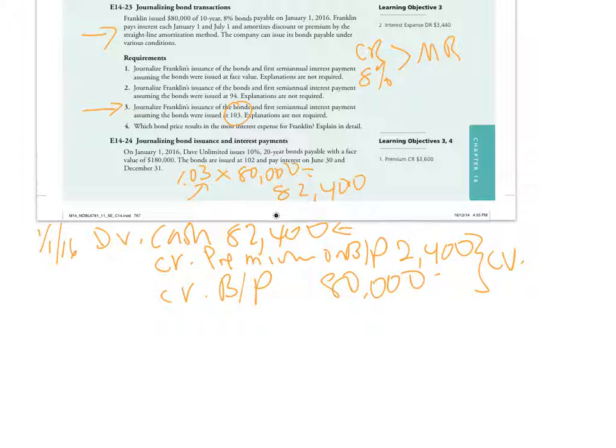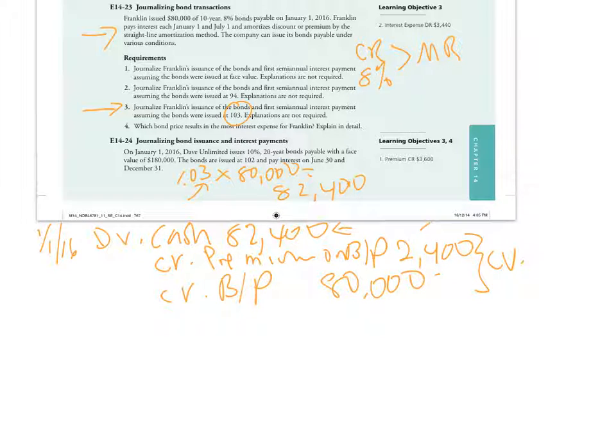And again, I don't know what the market rate is in this scenario because it's not given to us. I just know that it's less. And I know that they go through this present value calculation of all the cash flows from those bonds to figure out that it is 3%, the difference between the 8% contract rate and whatever the market rate happens to be. So that is basically a given.